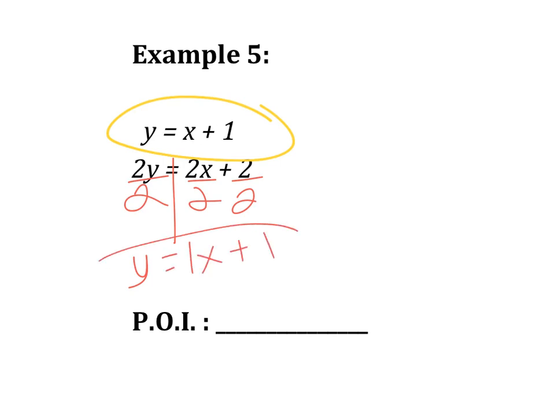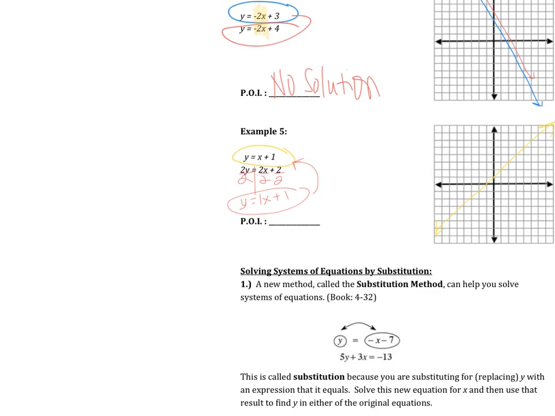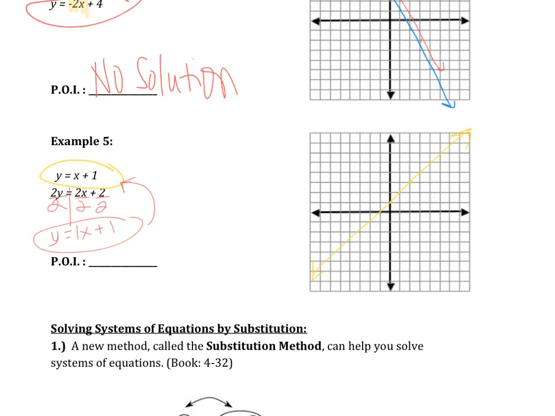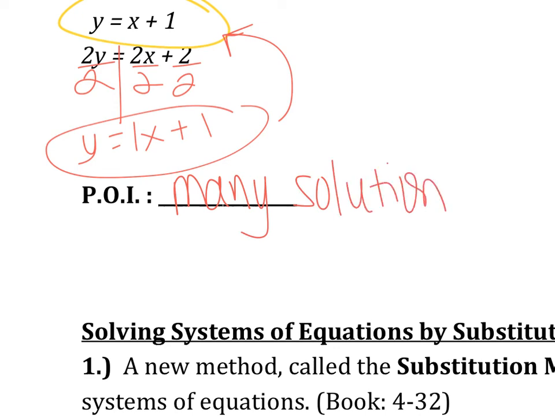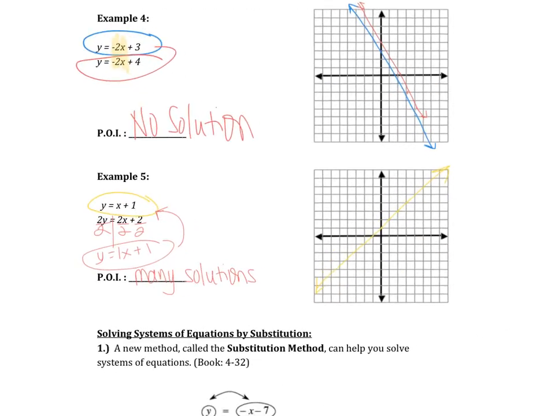If you take a look at the new equation, it is the same as the first equation. So when they are identical, you don't have to draw 2 lines because they're exactly the same, but our POI would be all solutions or many solutions. Any number would work because they're exactly the same line. So you can write many solutions or all solutions.